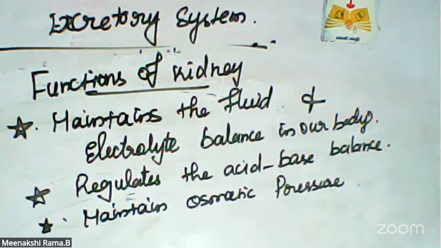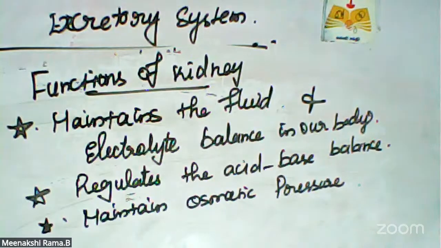Osmotic pressure in the blood and tissues also, and it helps to retain important plasma constituents, and then glucose and amino acids. So these are the main functions of the kidney.